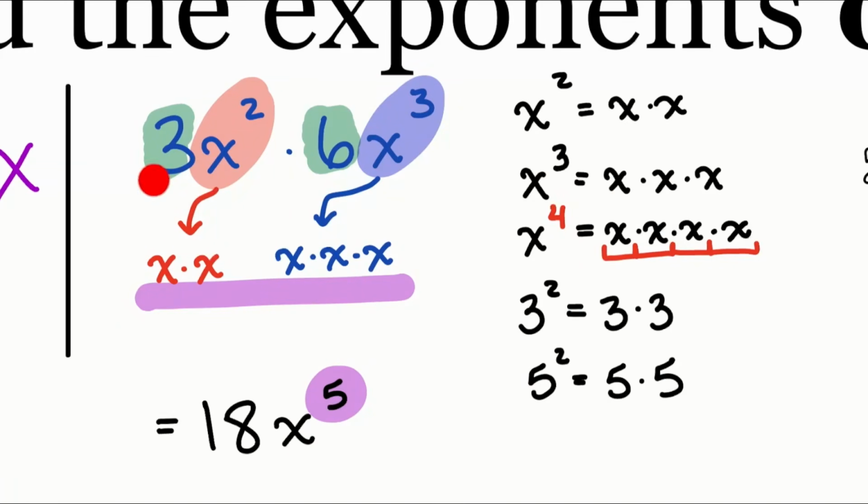The coefficients, the 3 and the 6 in front, 3 times 6, that becomes 18. That's straightforward as it comes. It's the variables I want you to pay attention to. When you are multiplying variables of the same letter, you will add those exponents. That's all you got to worry about. That's the shorthand way of thinking about it. When you are multiplying variables of the same letter, just add those exponents.